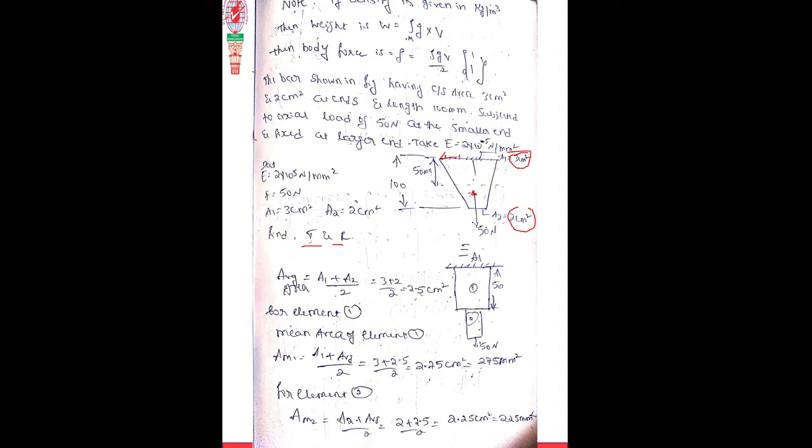The bar shown in the figure having 3 centimeter square and 2 centimeter square at the ends, and length is 100 mm, subjected to an axial load of 50 Newton at the smaller end and fixed at the larger end.